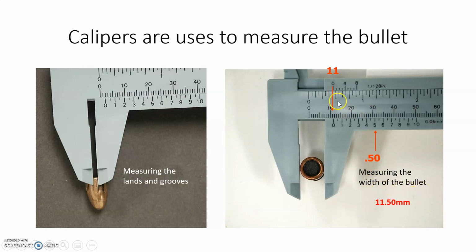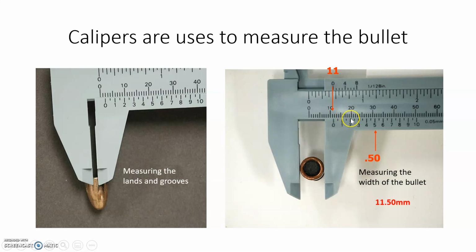So reading a caliper is a little bit difficult. These numbers on top are going to be the whole numbers, and then these numbers here are going to be the decimals. So if you take a look, wherever the 0 lines up, that's where you're going to take your whole number from. So the 0 lines up at about 11. It's one tick past 10. And then you're going to find out which one of these lines is lined up perfectly with a line above. So for example, if I take a look at the 1, it looks like it's off center, so it's not lined up perfectly with that line.